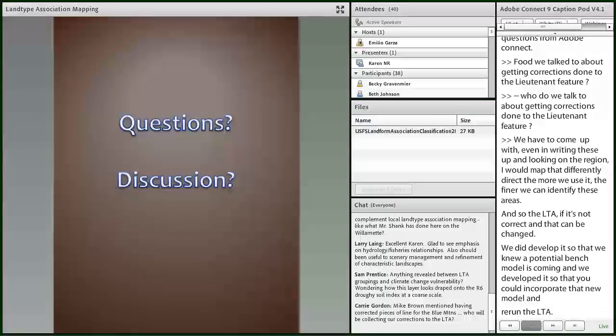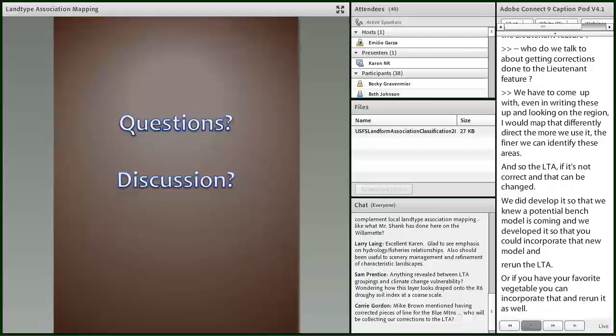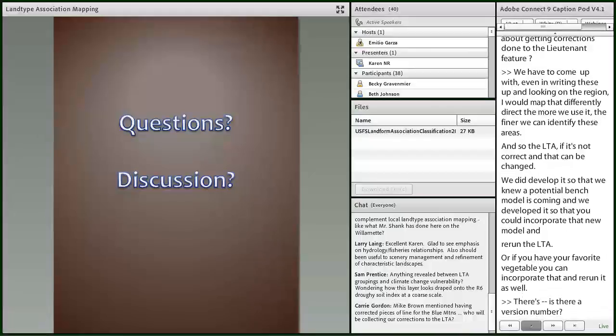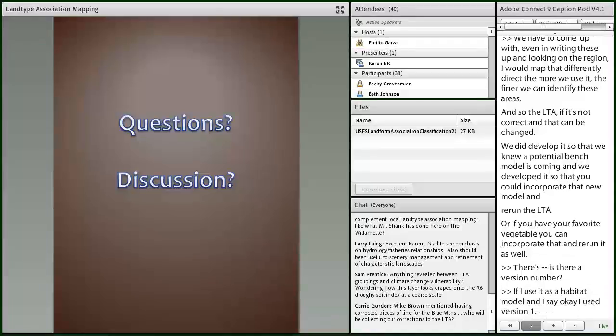So will there be like a version number? If I were to use it in a habitat model for something, and I say, okay, I used version 1.5, and then run it again 3 years later, and that's like version 2.5 by that time or something. Yeah, that's a good idea.